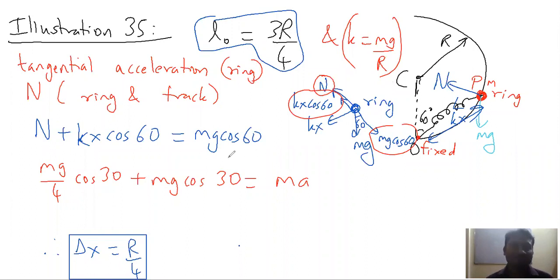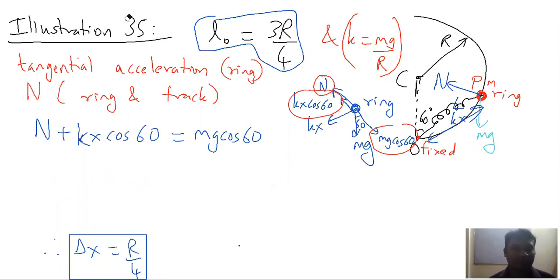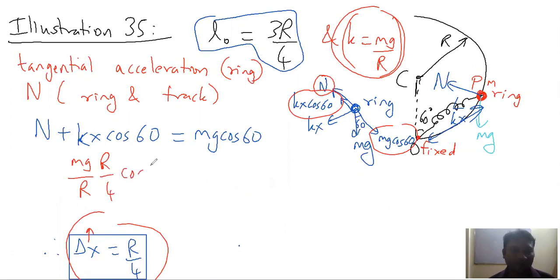So how did I get this equation? For that, let us think about the values. The k value is given to us as mg by r, and the x value, the extension, we get from this equation: it is r by 4 into cos 60, r cancels. So that is mg by 4 cos 60. We get our equation as N plus mg by 4 cos 60 is equal to mg cos 60.